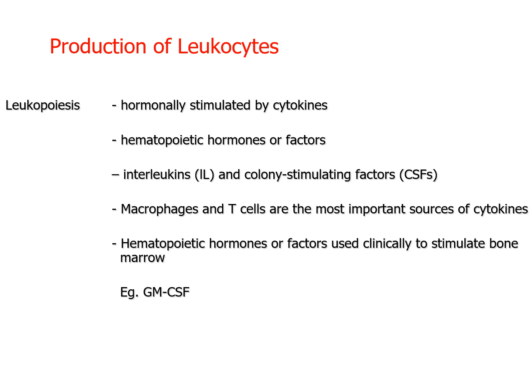So production of white blood cells is called leukopoiesis, just as production of red cells was called erythropoiesis. And again, it's hormonally stimulated by soluble protein molecules, many different types of soluble protein molecules that are called cytokines.